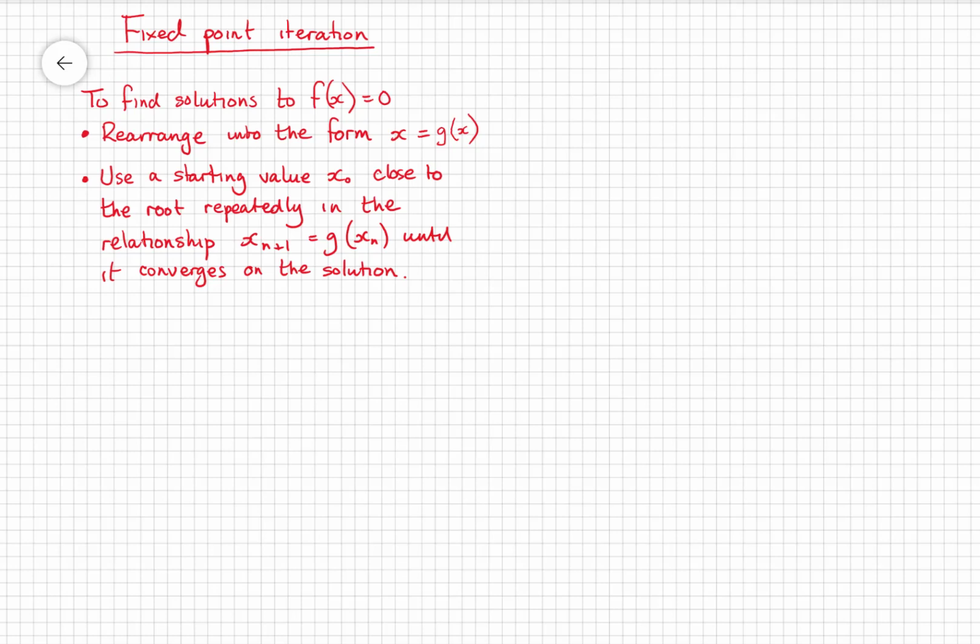Now, this will probably be suggested by work that you've done prior to this, using the change of sign method, finding an interval in which a solution exists, and then you use that starting value x0 to generate x1, x2, x3, and so on, using the relationship xn plus 1 is equal to g of xn. And you continue to do that until it converges on what is suggested as a possible solution.